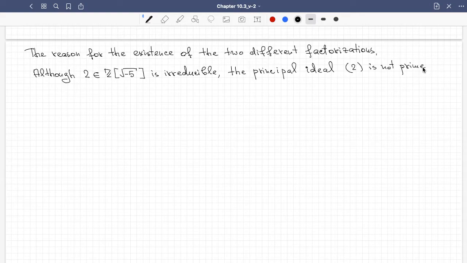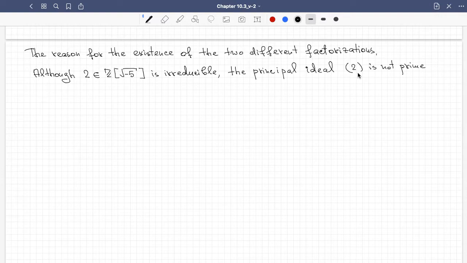Sometimes they distinguish between primes and irreducibles. You remember we called integers primes, polynomials irreducibles. The distinction may be made as: is the principal ideal prime or irreducible.